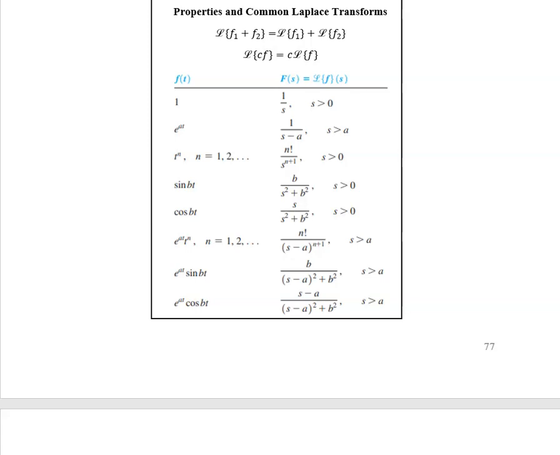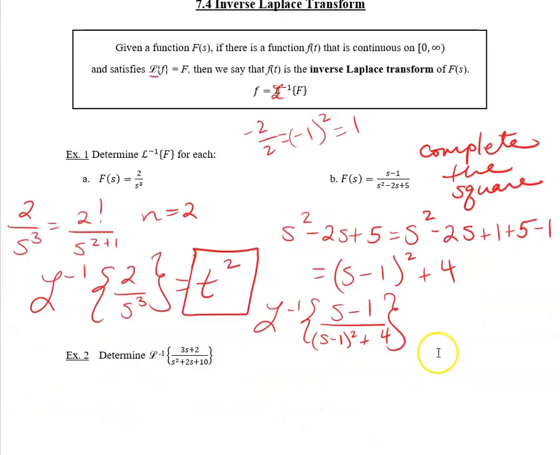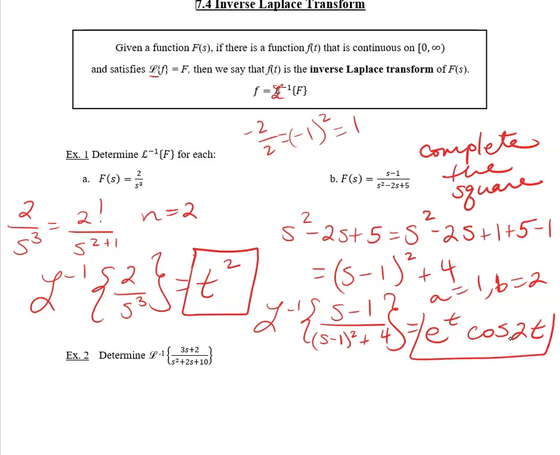It looks like it is this format where a is 1 and b is 2. So this becomes e to the t times the cosine of 2t. And that's going to be the inverse Laplace transform.